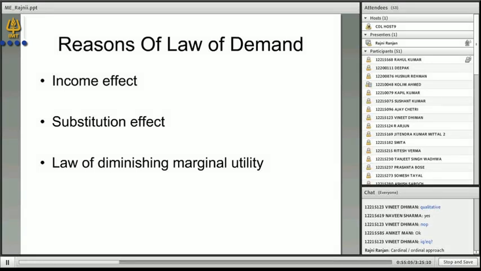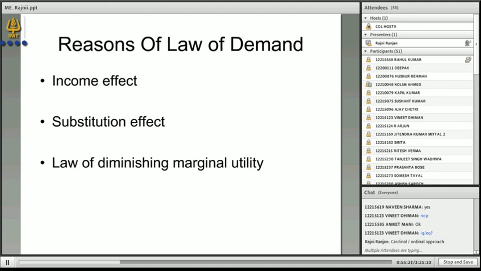In the cardinal approach, economists use utility as a quantitative characteristic. They have converted utility into a quantitative characteristic, just like distance, time, height, volume, length, and so on.